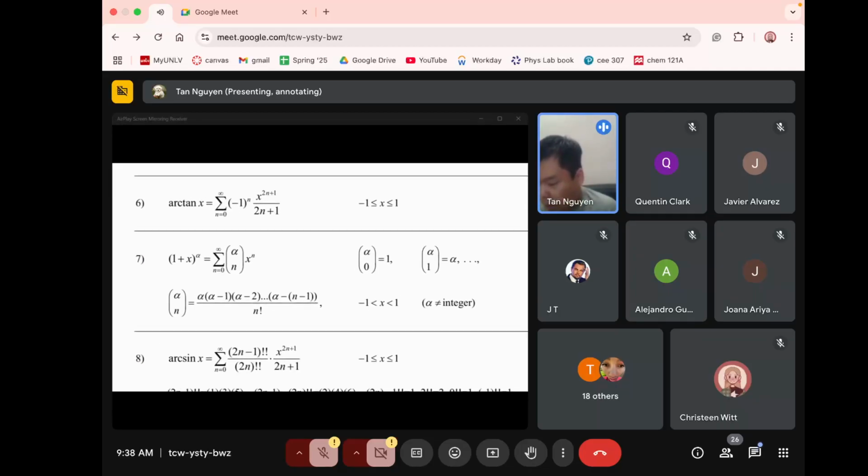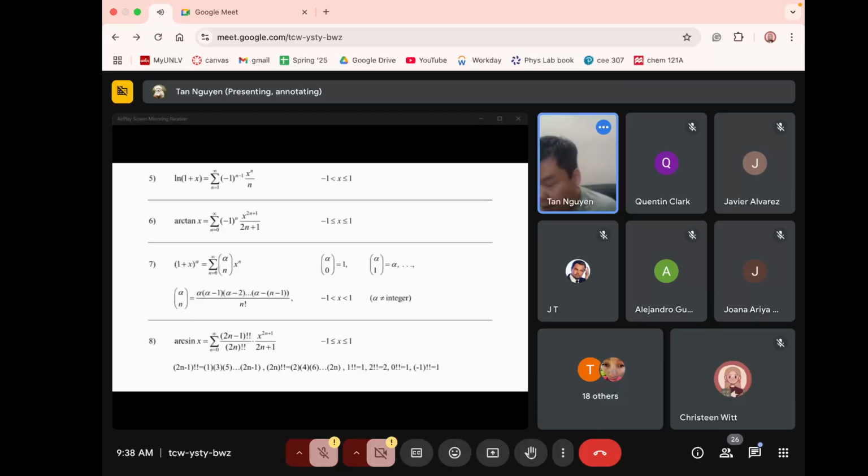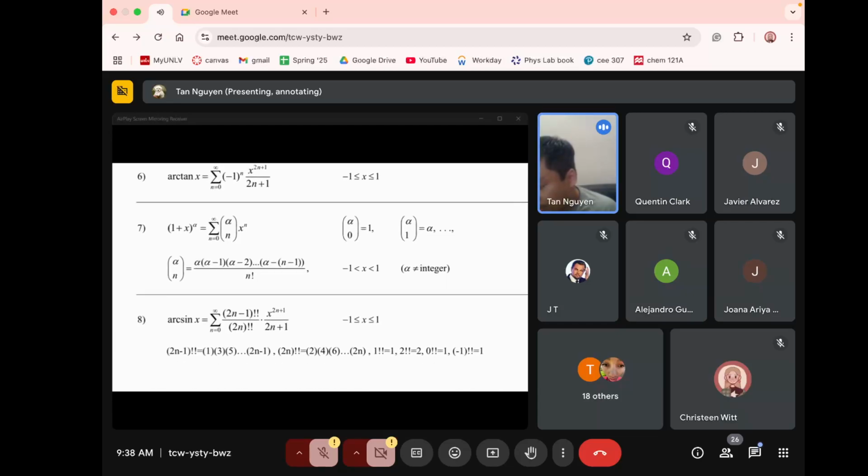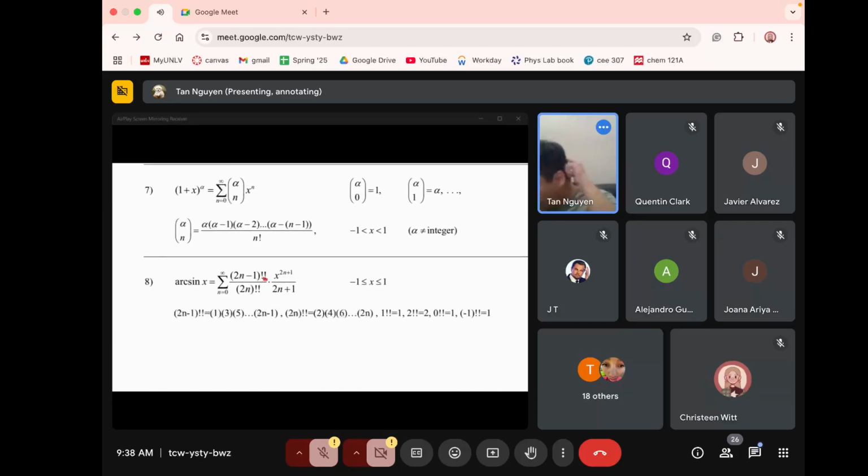Well, they're basically the same, right? You just have different functions. However, the only thing that is missing is the double factorial. You guys know that factorial skips by one number, right? For example, 7 factorial is 7, 6, 5, 4, 3, 2, 1. But what about 7 double factorial?